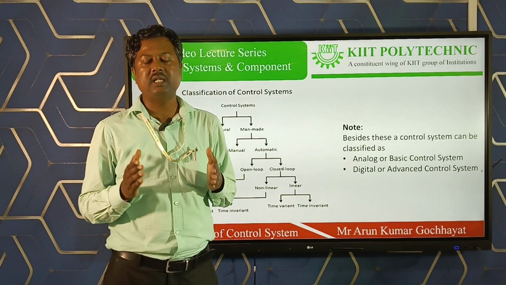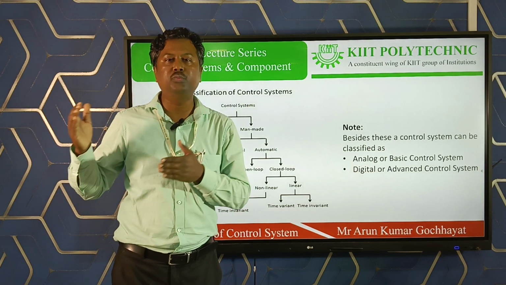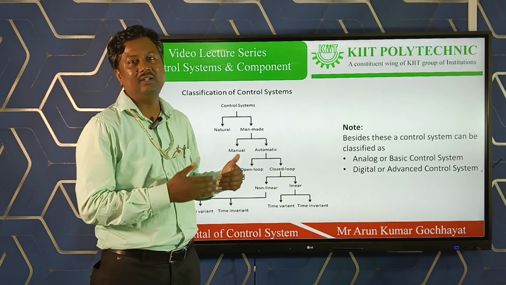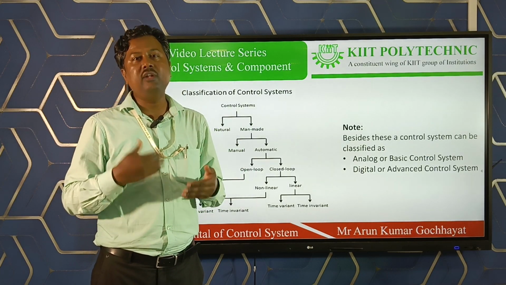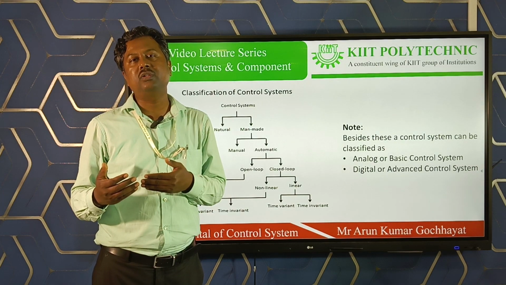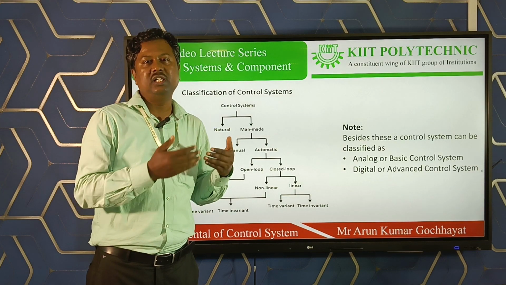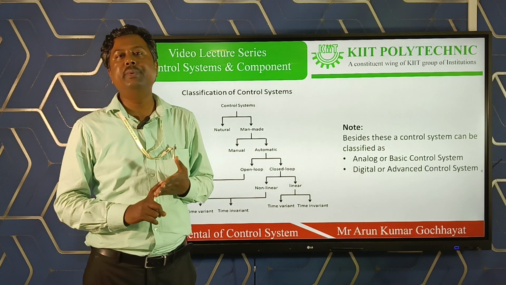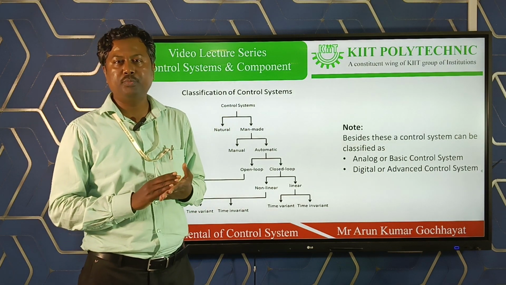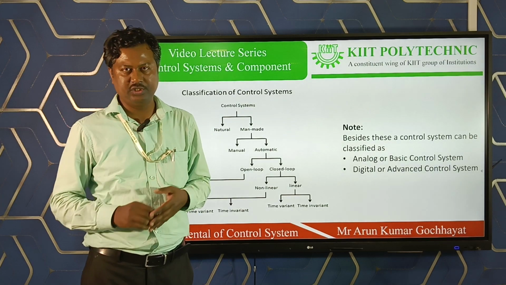A linear control system is a kind of control system where the output changes linearly with the input. You can say this when the control system obeys the principle of superposition and the principle of homogeneity.